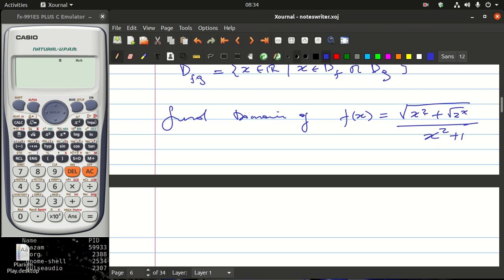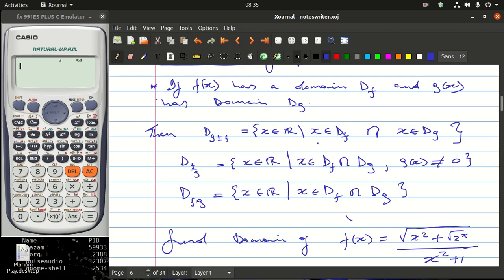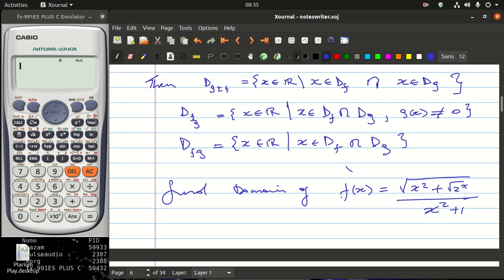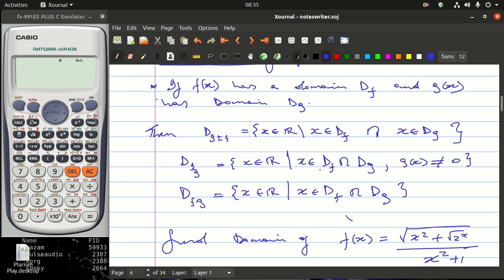Because we have addition, subtraction and all these things, it's enough for you to find the domain of the numerator and the domain of the denominator, and then find the intersection of these two domains such that the denominator is not equal to 0. I am just specifying this so that when you're dealing with multiple choice questions, you know that this is something that does exist. I know that you already know how to calculate a domain if you are given a specified function, but these are extra rules that you can use, which are a shortcut.